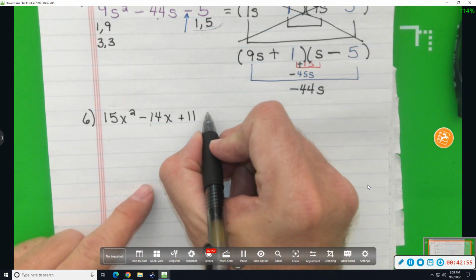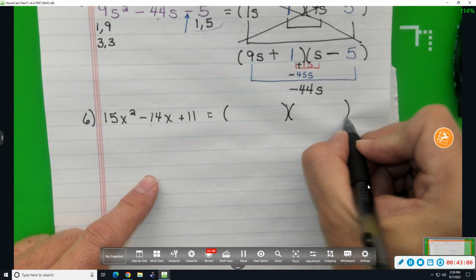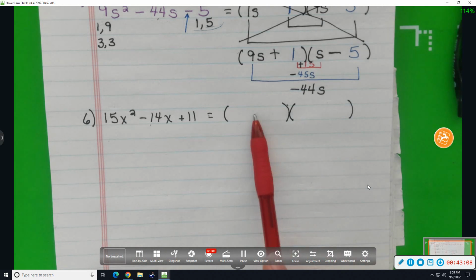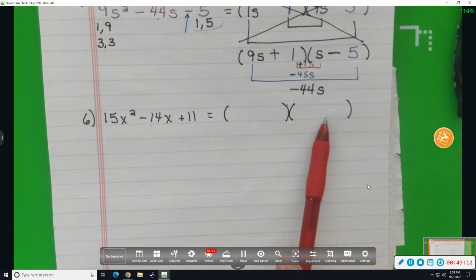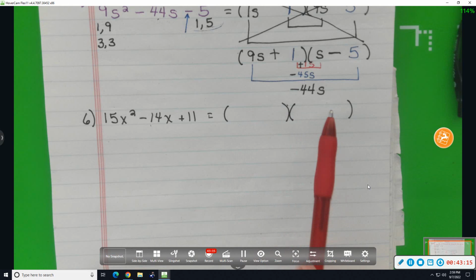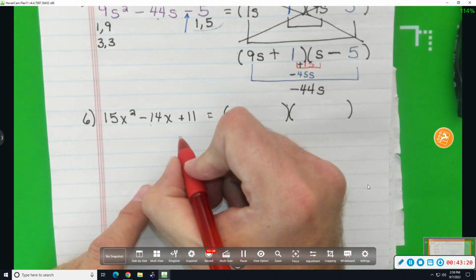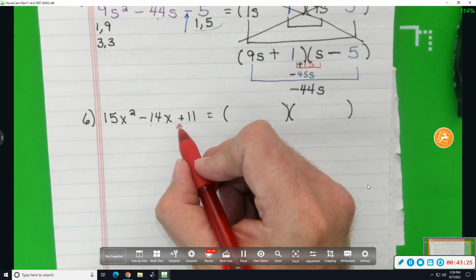I'm just going to go ahead and draw my two sets of parentheses. And let's decide on the signs that go in here. Are we going to have plus, plus, minus, minus, or one of each? How do we decide? Well, the second sign is a plus.